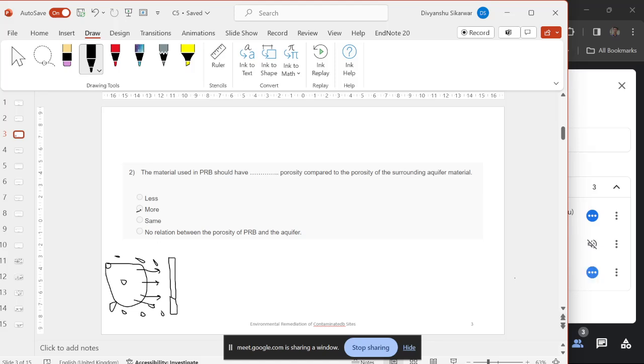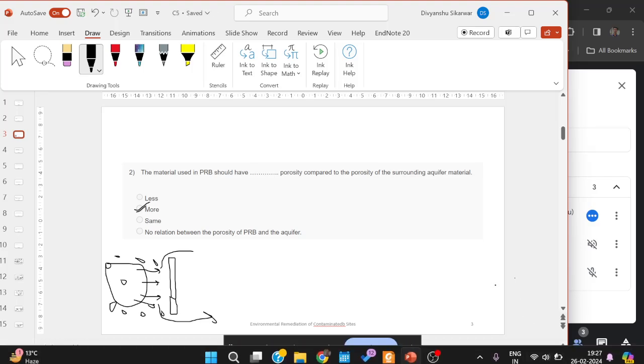Yes. Otherwise, the water will take the least resistance path and move around the PRB, if it is easier to move in the soil itself.